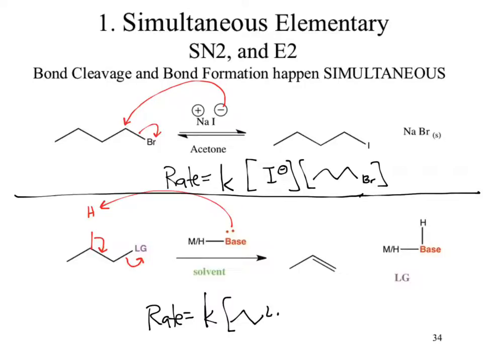Well, my substrate and the base. The E2 mechanism relies on the base. How many species are in my rate limiting step? 2. So it is known as a bimolecular reaction. It is now labeled E2. Okay? However you want to remember how 2s and 1s are associated is up to you, but that's where the 2s are coming from.